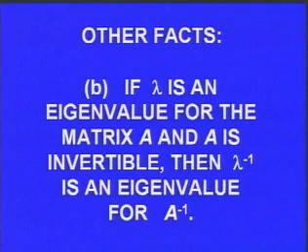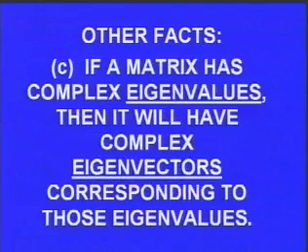So going back to that other example, if I have a matrix A where 2 is an eigenvalue, then 1/2 would be an eigenvalue for A inverse. All right, and then if a matrix has complex eigenvalues, then it will have complex eigenvectors corresponding to those eigenvalues. So complex eigenvalues imply complex eigenvectors.